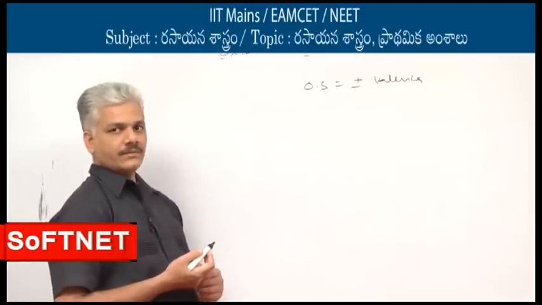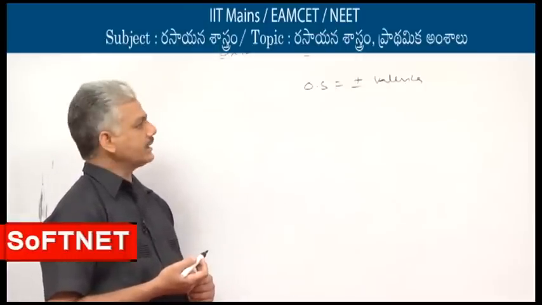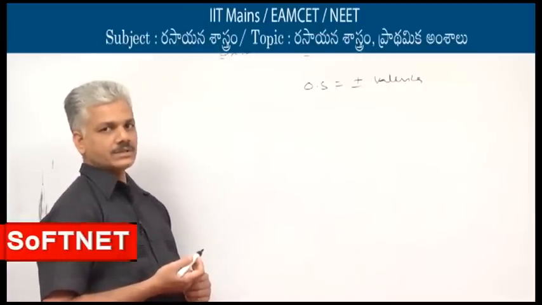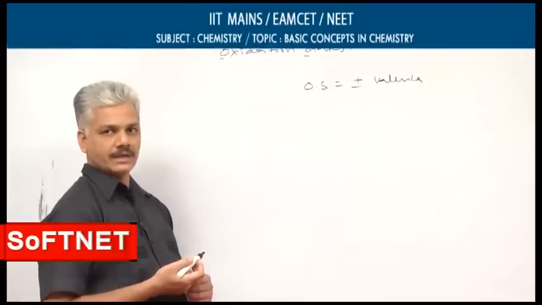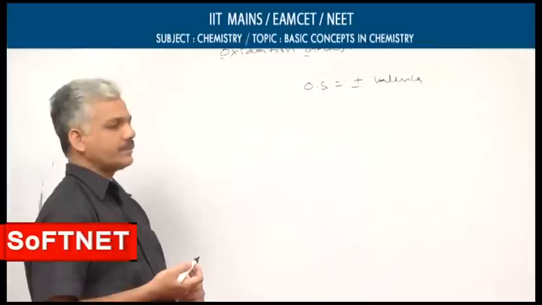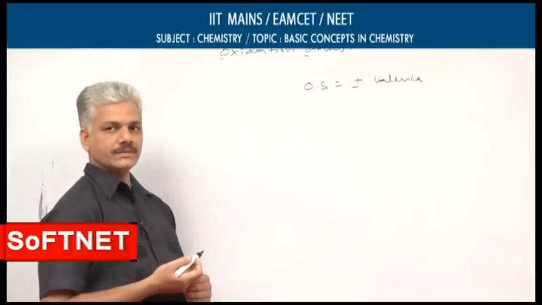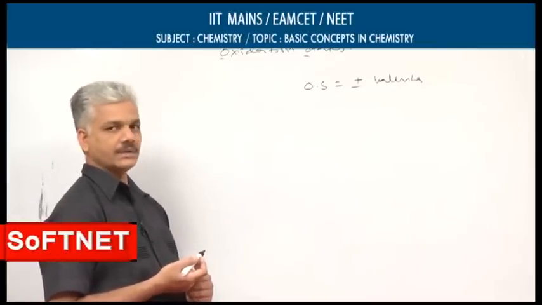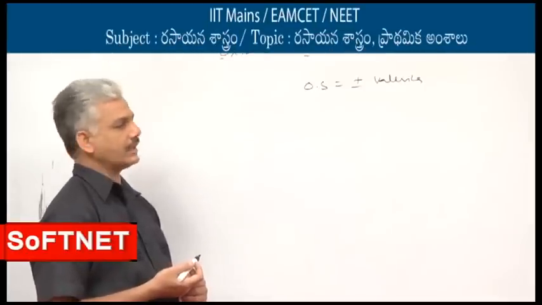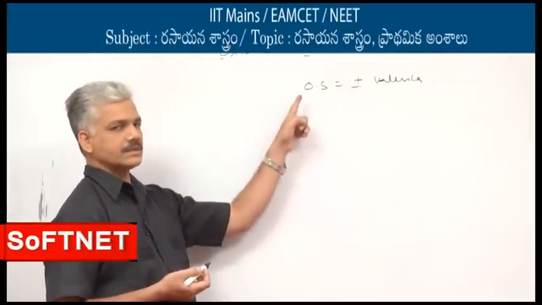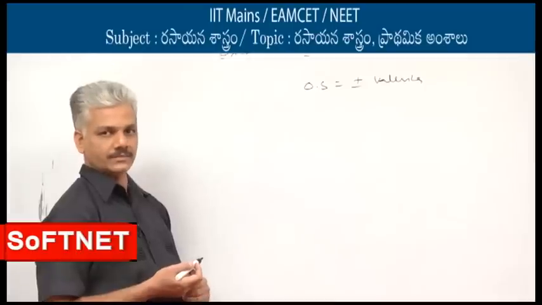Plus is taken when the element concerned is electropositive in nature, minus if the element concerned is electronegative in nature. Electropositive elements are elements with a lower electronegativity value. They lose electrons during the formation of a compound. Hence, they get a positive oxidation state value.